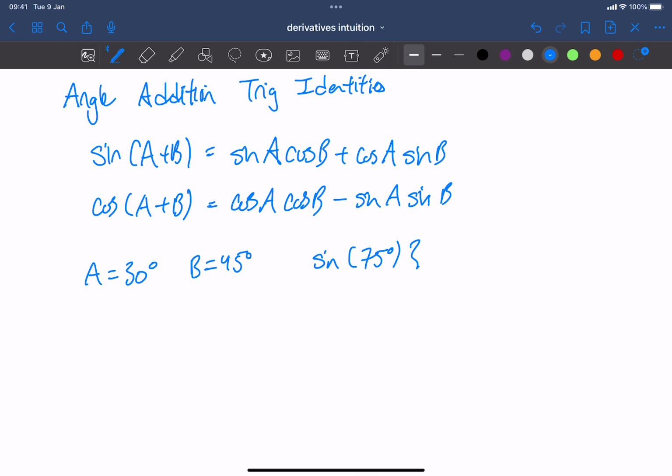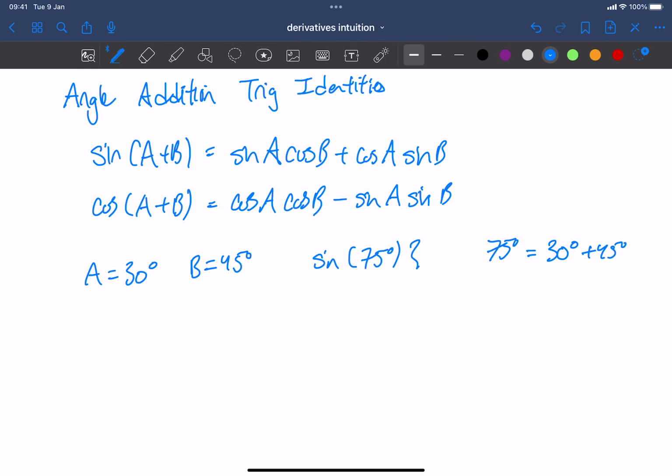I can go over that later, but notice how you can rewrite 75 degrees as 30 degrees plus 45 degrees. We're breaking it up into simpler angles that we already know.